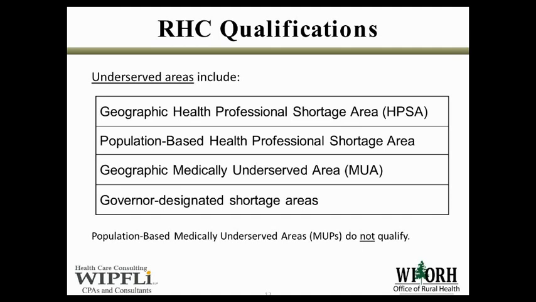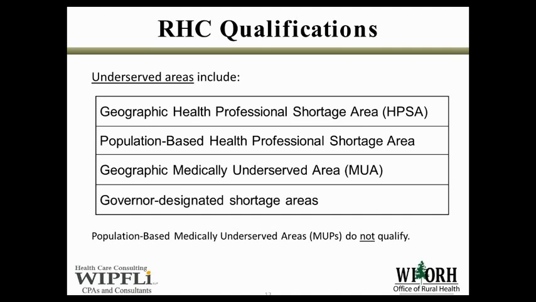HPSA status is not only used for rural health clinic purposes, but it's used for other grants and other federal funding directed at improving or increasing the supply of health professionals to a given geographic area. Again, at the end of the presentation, there are reference materials that allow one to access a database listing of all of the geographic health professional shortage areas in the country to determine if any one area in particular has a current shortage area that applies.